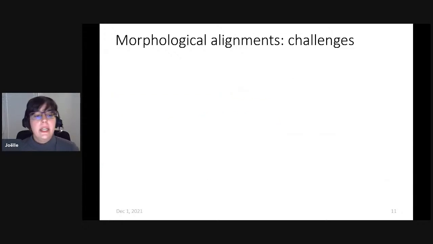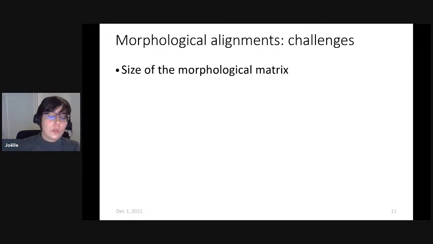Now, obviously, total evidence analyses come with challenges of their own, and one of the big challenges is that morphological characters are a lot less nice to handle than molecular sequences. They're a lot less well behaved in general. And one challenge that's been mentioned by Rachel before is the size of the morphological matrix, for practical reasons, and also because some fossils are pretty degraded.